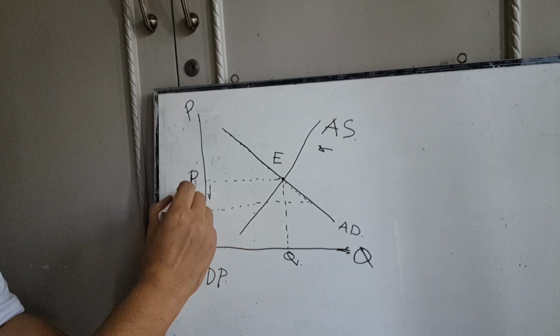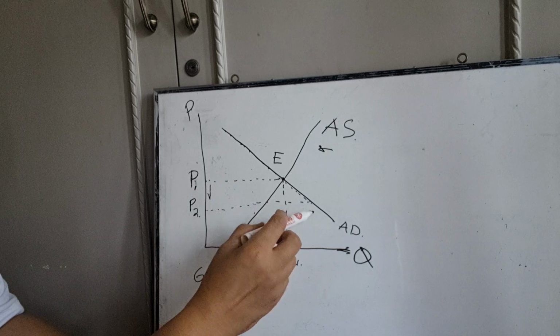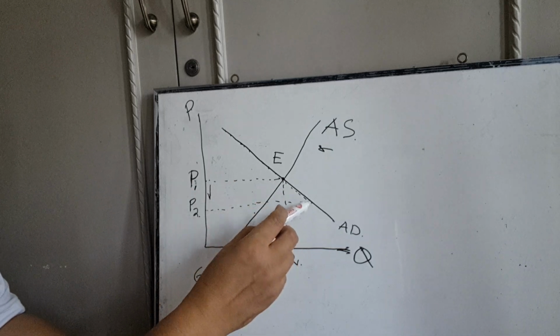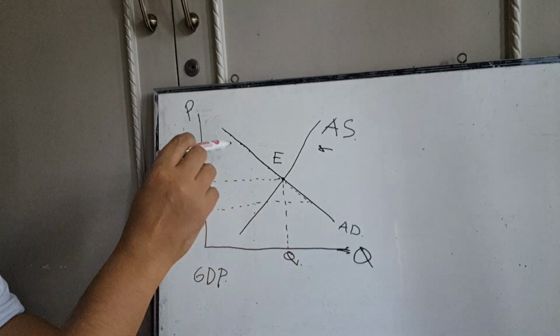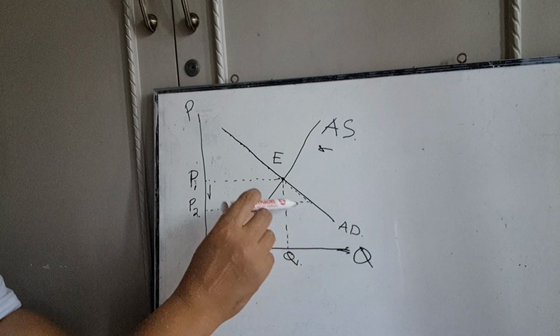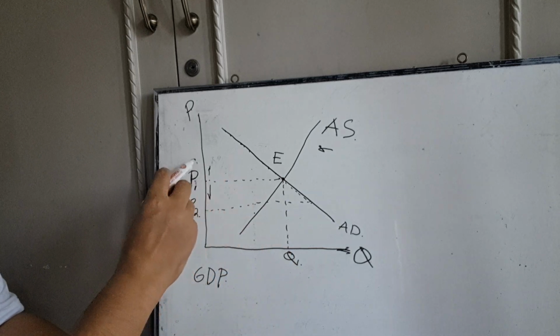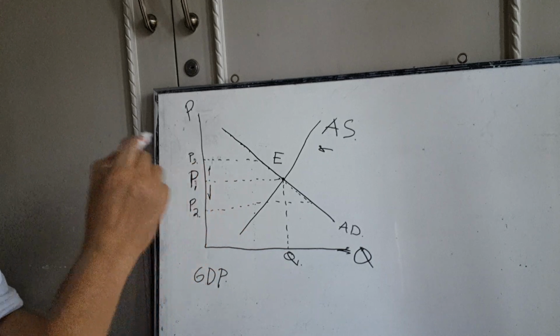See? So if this is P1, it's supposed to be P2. So the only thing that moves along the aggregate demand is the price. If the price decreases, then the aggregate demand will also decrease. But if the price increases, let's say to P2, P3, then this is what happens.